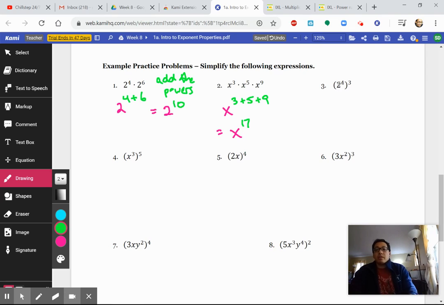Okay, what about this one? This is a different rule, right? This is our power rule. And what do we say when we've got a power to another power? We multiply the powers.